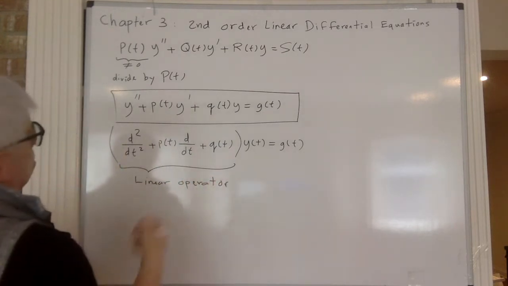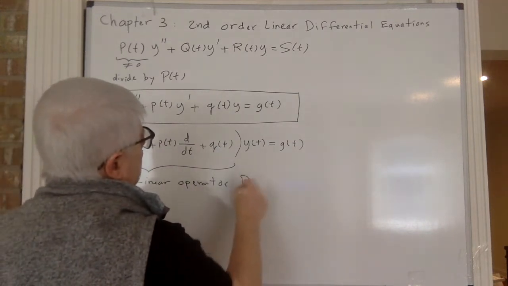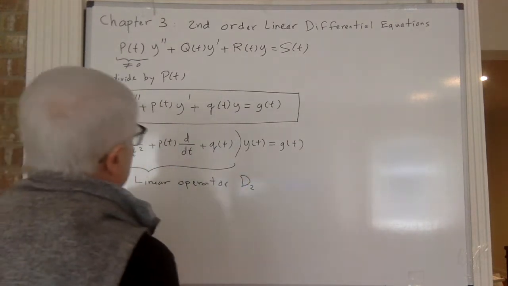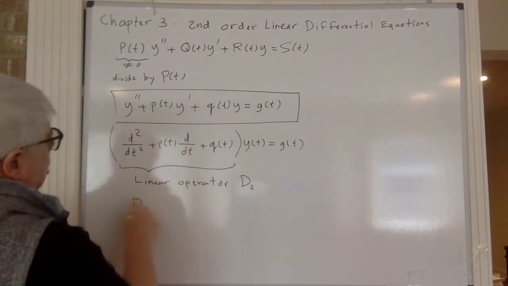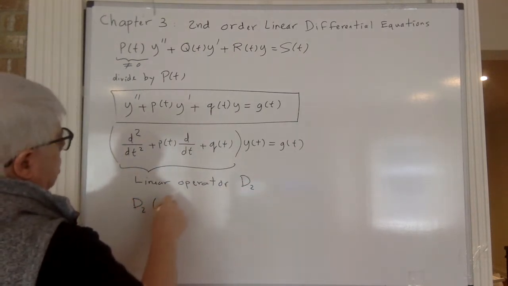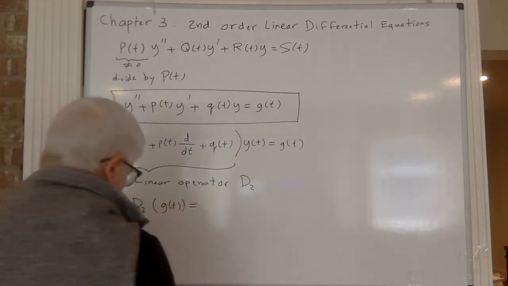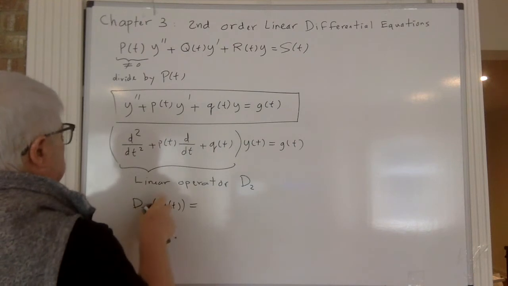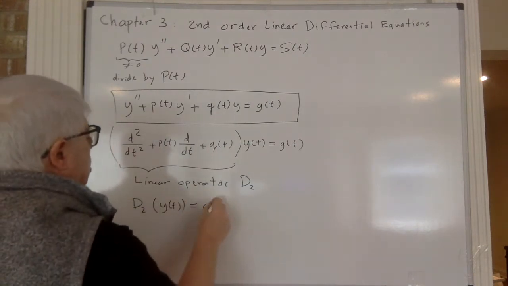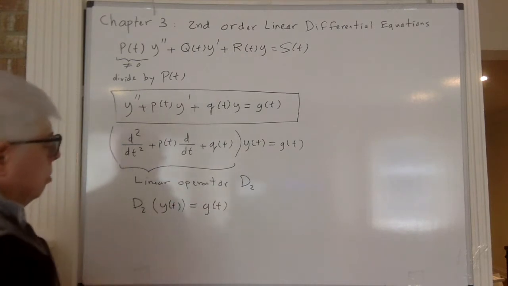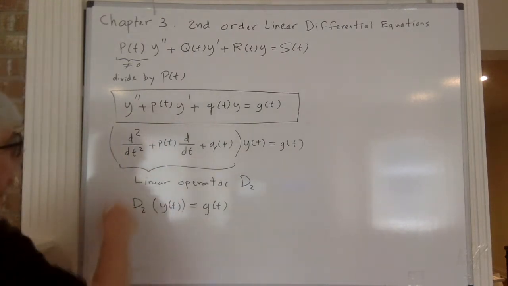Well, let's call it something like D2, say. Okay, so we have D2 of y(t) equals g(t). So this is an equation.